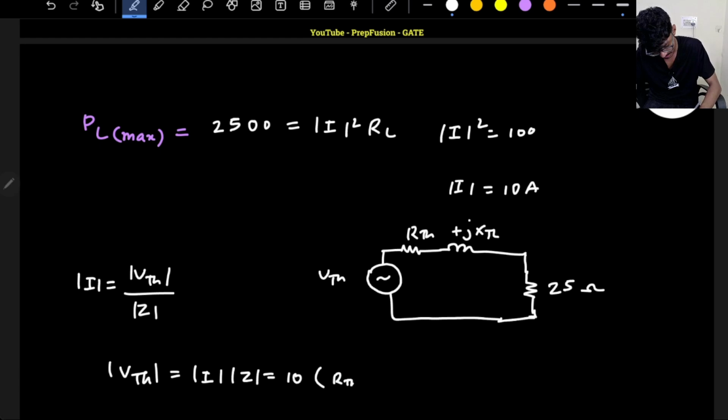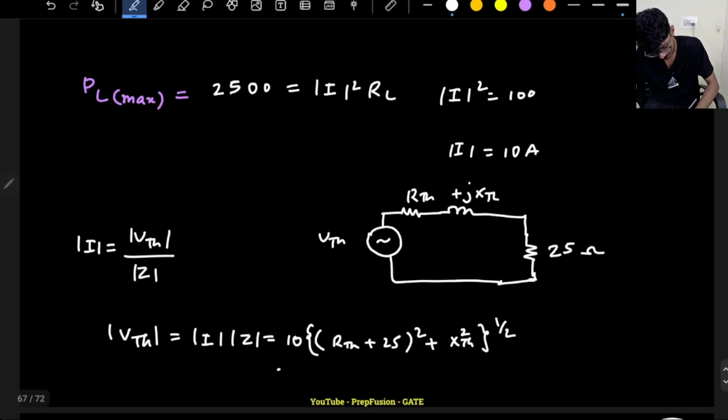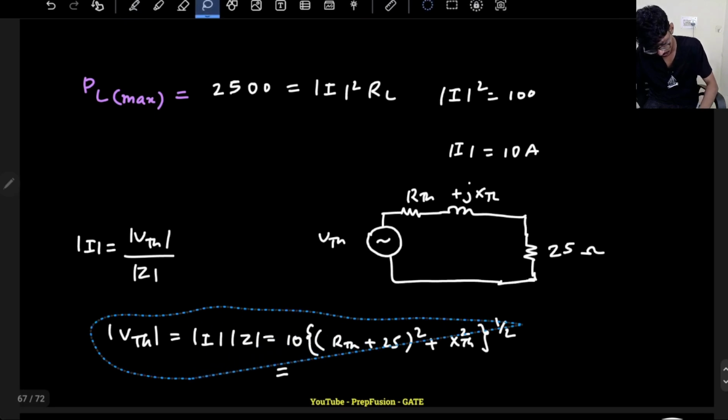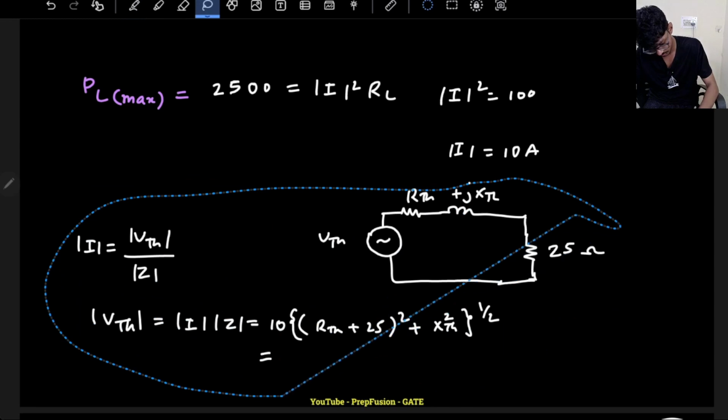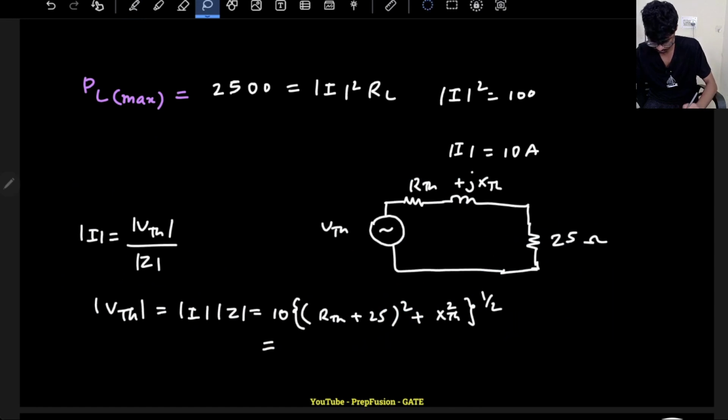Magnitude of Z is the square root of (RTH plus 25) whole square plus XTH whole square. So what is RTH and XTH? RTH is 25 by root 2, right?